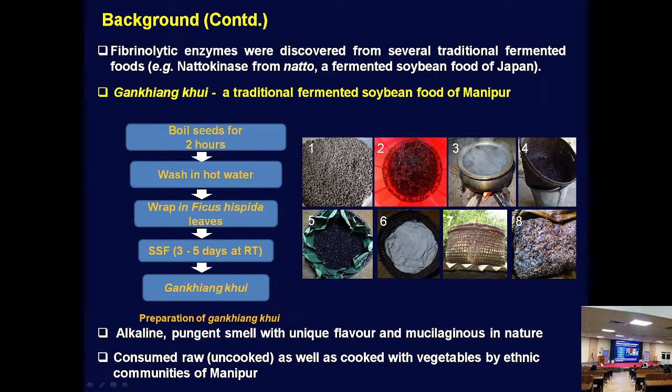So traditional food, particularly fermented food, has a huge load of microorganisms which are considered safe. Already we are taking them. They are called GRAS, generally regarded as safe. These microbes are a very good source of fibrinolytic enzyme, particularly the microbe Bacillus.